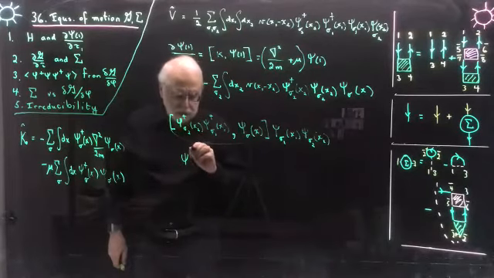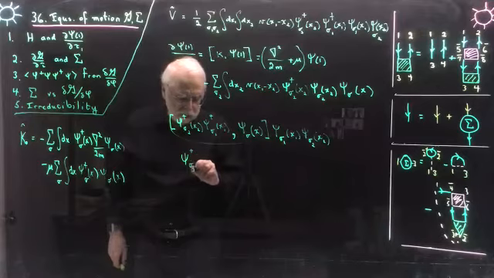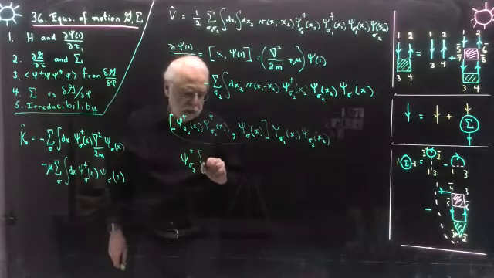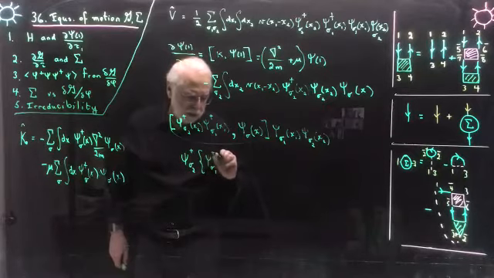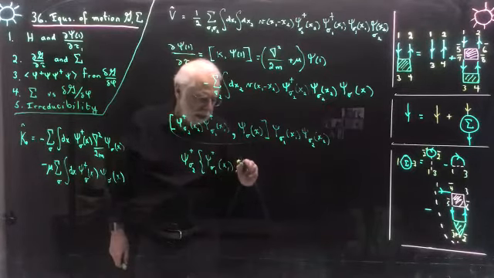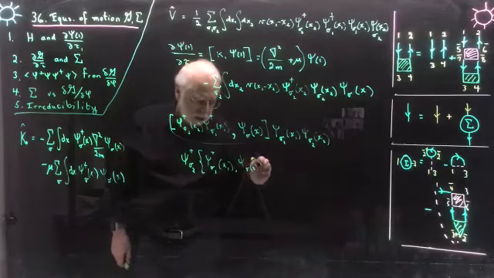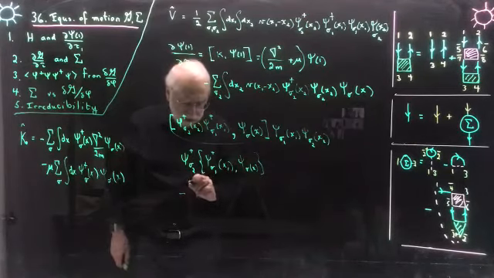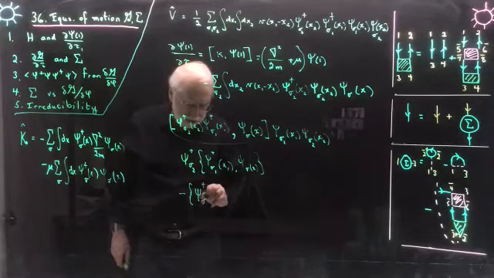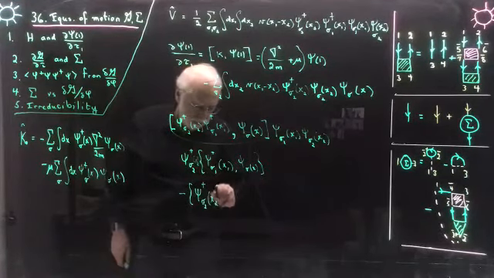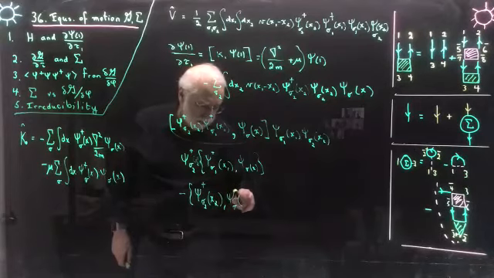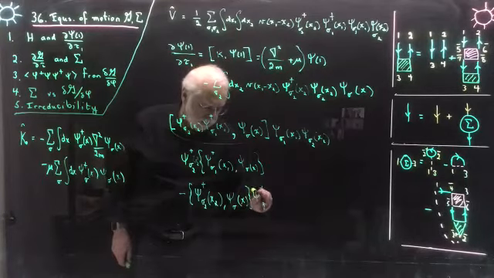I get the psi dagger of sigma 2 times the anti-commutator of psi dagger of sigma 1 x1 with psi sigma x, minus psi dagger sigma 2 of x2 times the psi sigma of x times the psi dagger of sigma 1 x1.